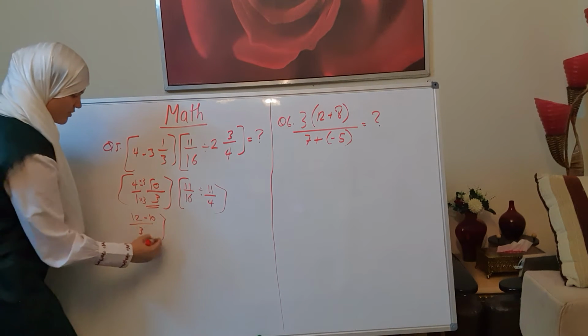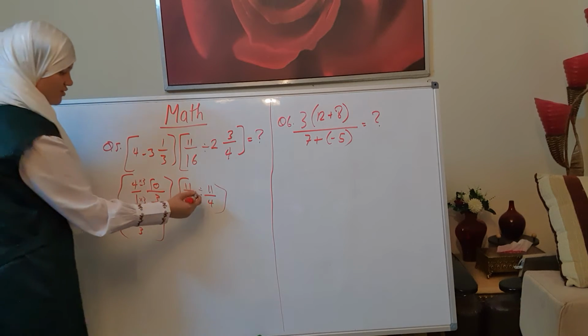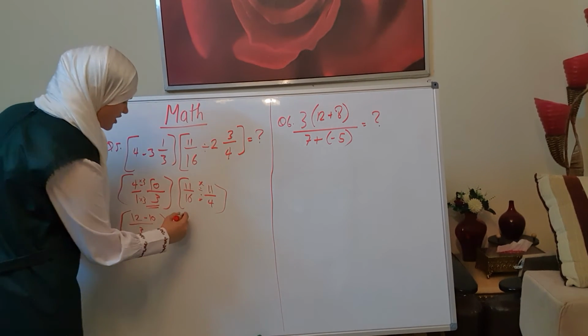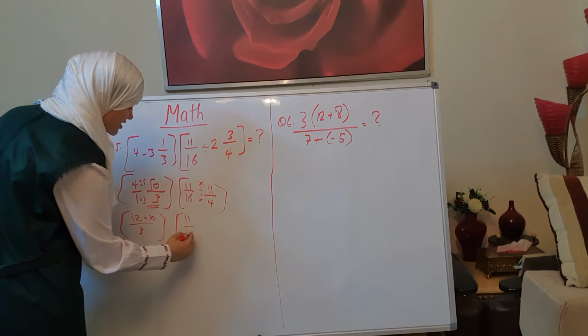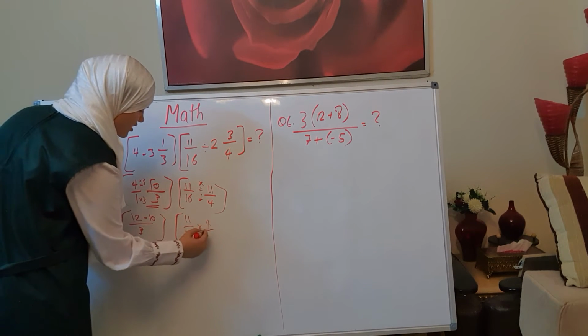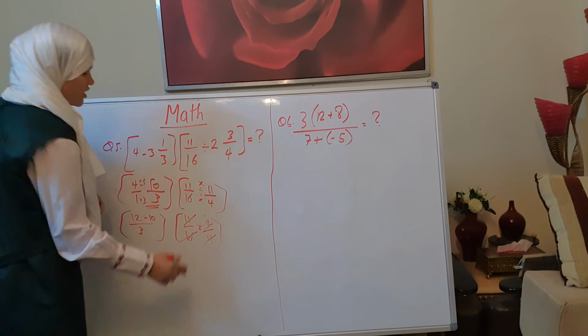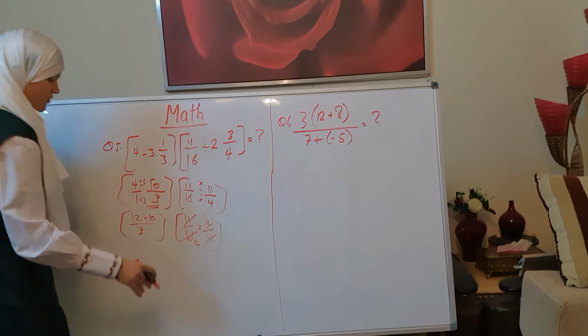This is the first bracket. For the next bracket, we know that division converts to multiplication, so it is 11 over 16 times 4 over 11. We cancel 11 by 11 and 4 by 16, giving 1 and 4.